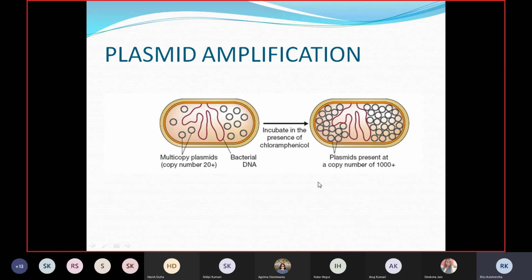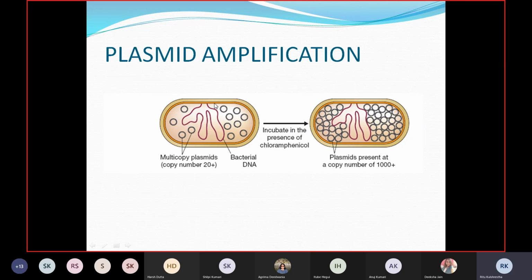What chloramphenicol does is it inhibits translation. If translation or protein expression is inhibited, then it was seen that for some time the plasmid continues to replicate. It is unaffected by no fresh protein synthesis, because the proteins required for its replication are quite stable in nature and stay for some time.